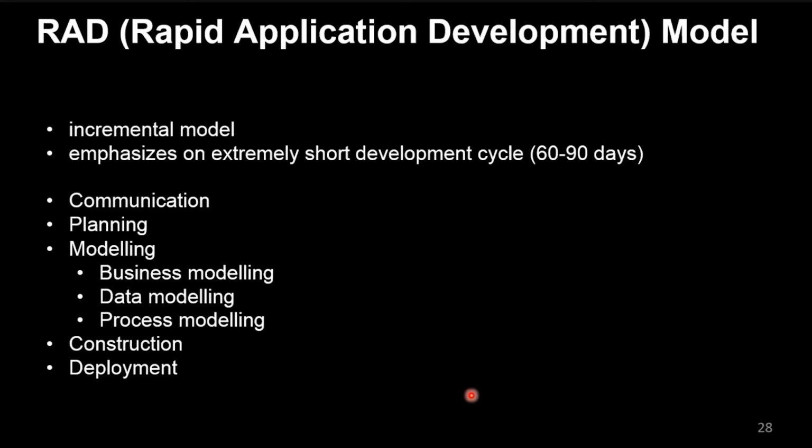Consider that you have projects which take a small duration of time to complete or to deploy. The development cycle is nearly, for example, 60 to 90 days. At that time, we can use this particular RAD model.